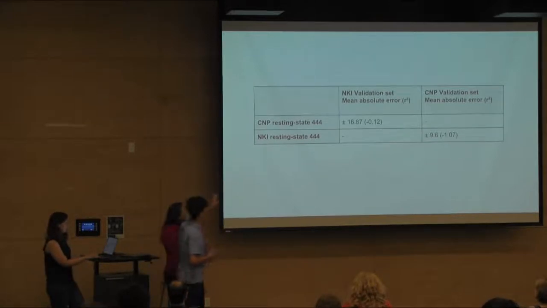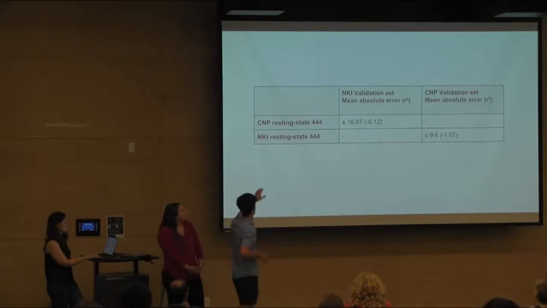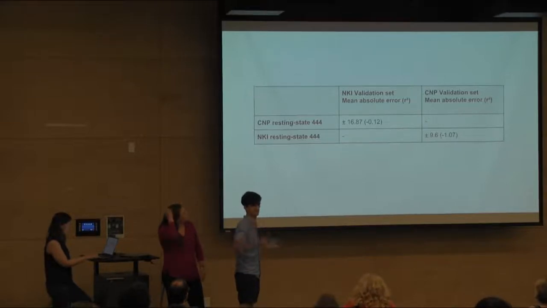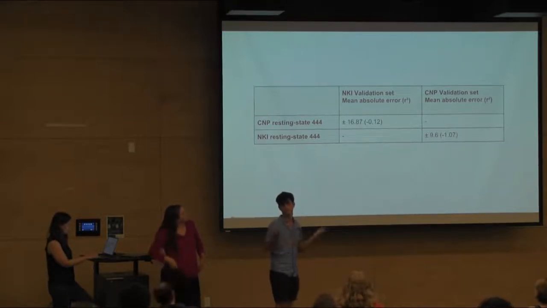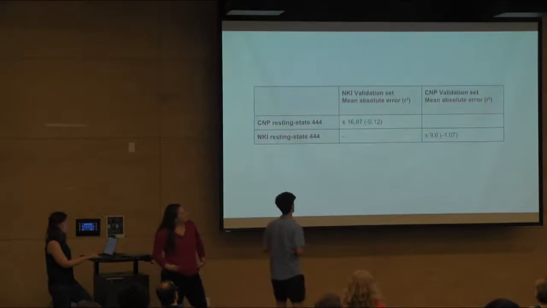It turns out, and Hector rechecked this because I just got it, that CMP doesn't predict the NKI data set well. It gives the right age with a margin of error of 16 years. But using the NKI data set, you can predict reasonably well. We haven't done grid search on this, so this could be improved. You can predict it with about 9.6.